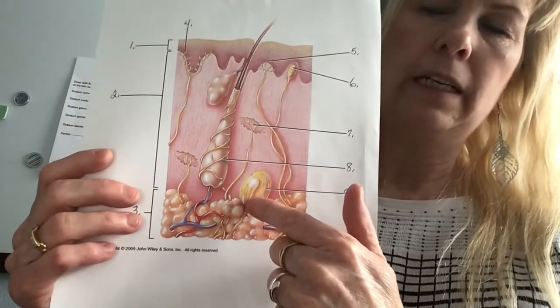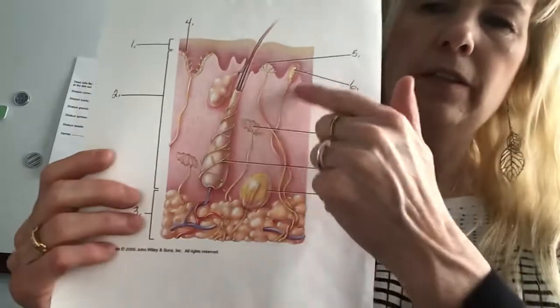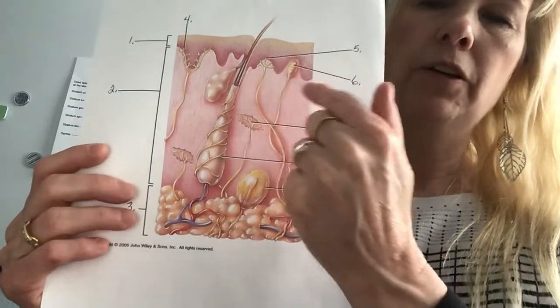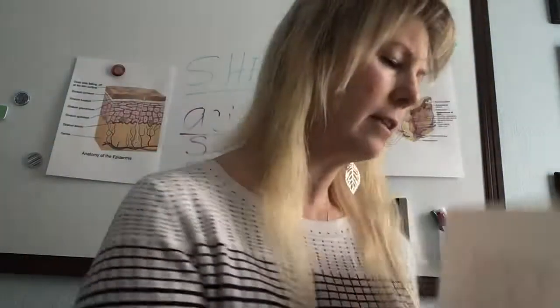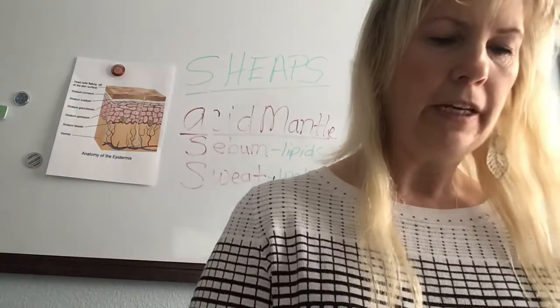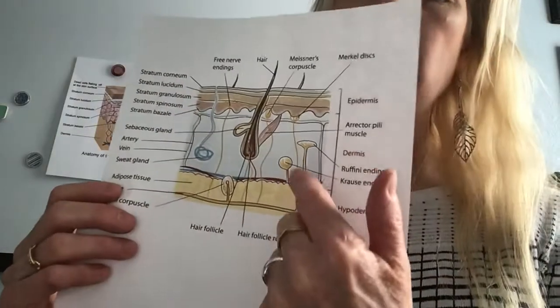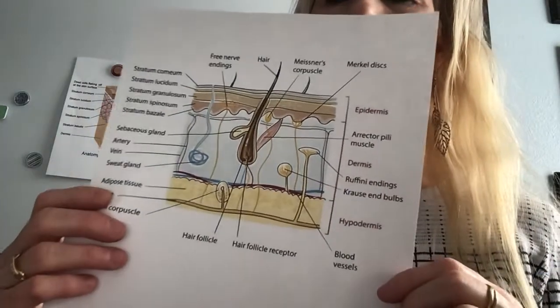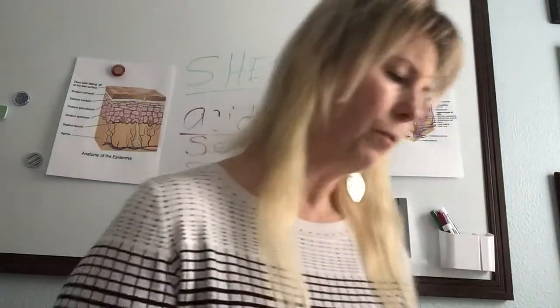Again, Pacinian corpuscle, Ruffini's, Meissner's, the Merkel cells, and the free nerve endings. Another one that wasn't shown on either of those is the Krause end bulbs. Krause end bulbs detect cold. So those are the receptors in your skin, and they each have their own unique role.